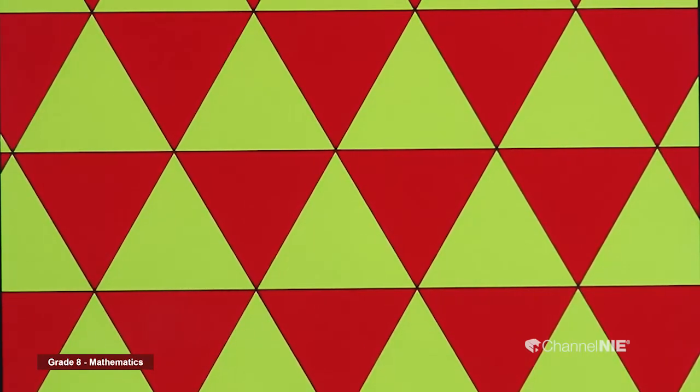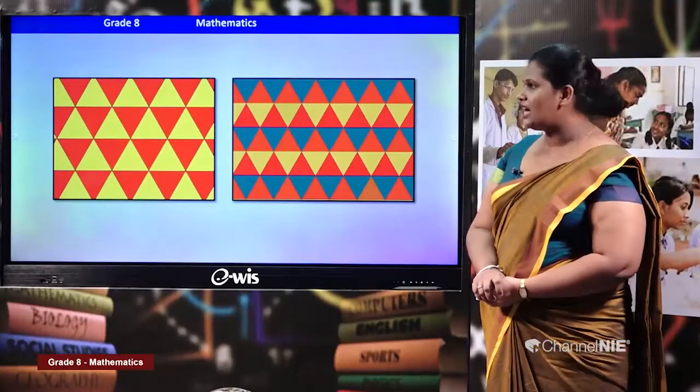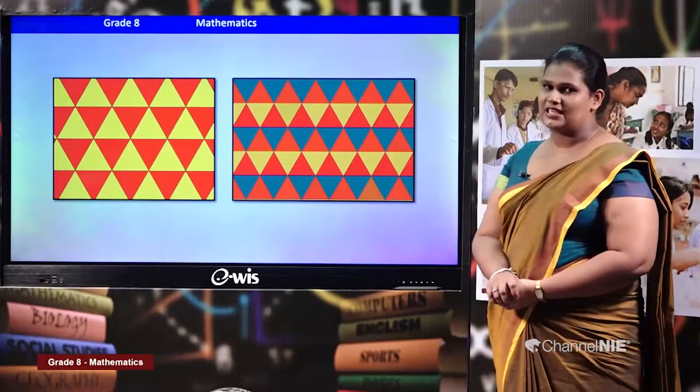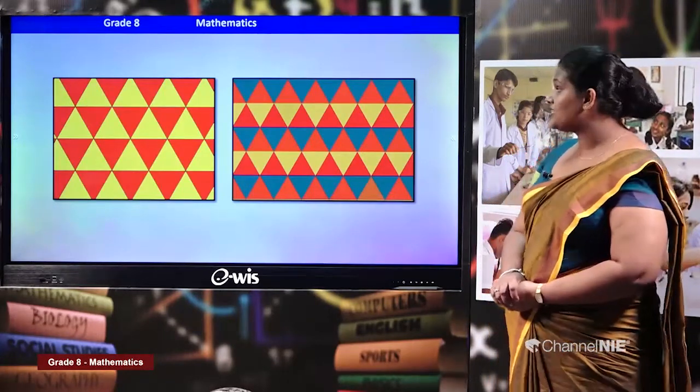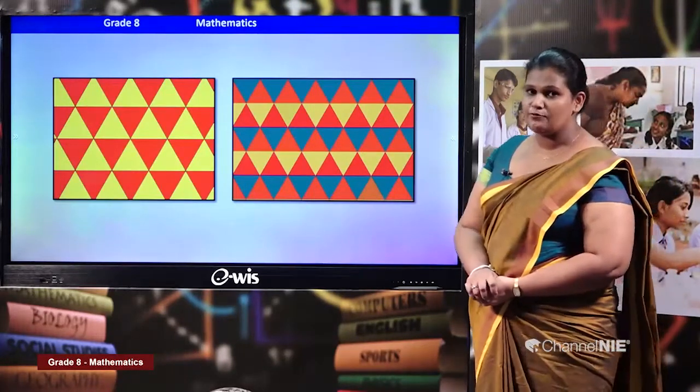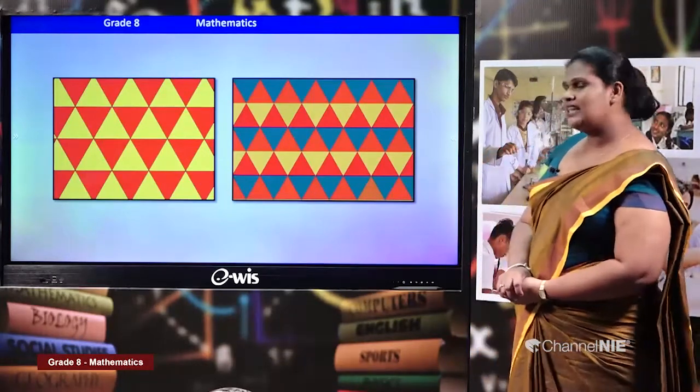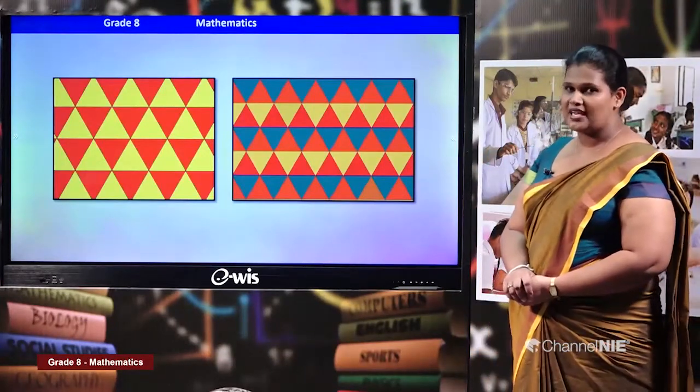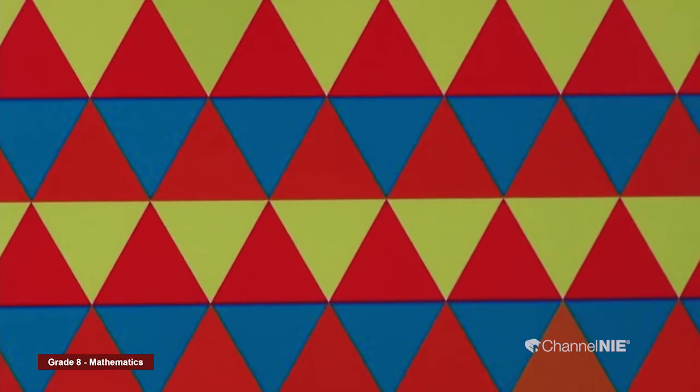So, they have used just one shape and in two different colors. That is also a tessellation. Then have a look at the second tessellation, second figure. Once again they have used only triangles, but this time they have used 4 different colors to create this tessellation, to create a pattern. This pattern is called a tessellation using one shape.